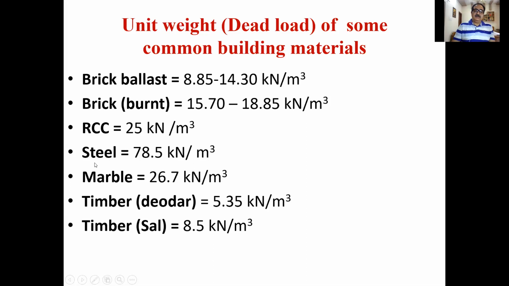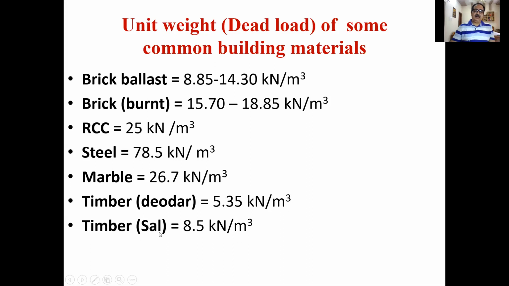Marble, this is a flooring material. We can clearly see this is 26.7 kilonewton per meter cube. We can find the volume of a particular marble piece depending upon the thickness and the size of the material used. And depending upon that, we can easily calculate the load which is coming over that particular structure. Even for wood, we can see the deodar tree has a density of 5.35 kilonewton per meter cube.